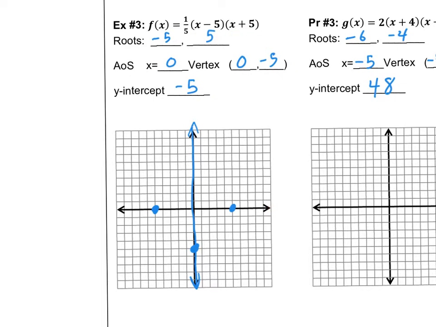So the only other thing that you could plug in here that'd be helpful is 10. So let's just quickly figure out what f of 10 would be, just to give us an idea. I switched the positive and negative around there. So that would be 15, and that would be 5. And if you think about it, you're multiplying by 5 and dividing by 5 here, so really this is just 15.